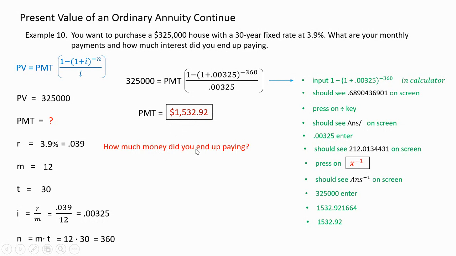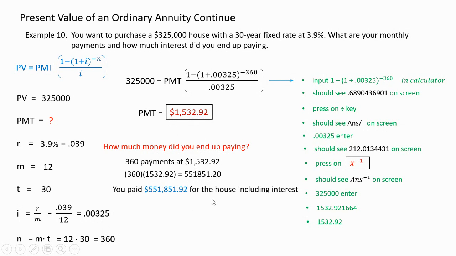Okay, now, how much money did you end up paying? We made 360 payments of $1,532.92, every month. So we're going to multiply those together. So we got $551,851.20. So that's how much you end up paying, right?